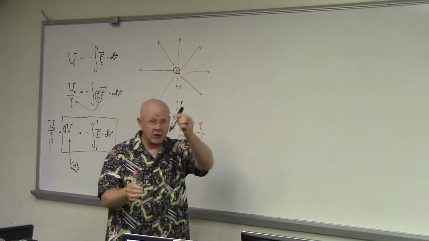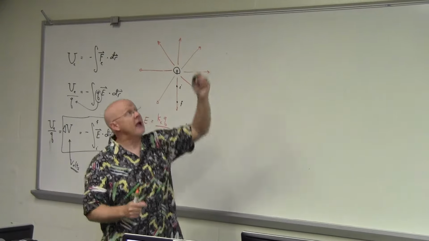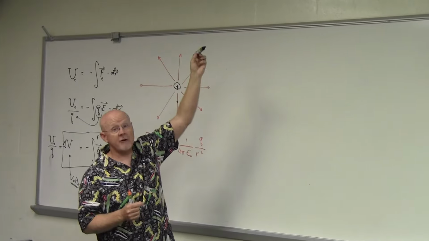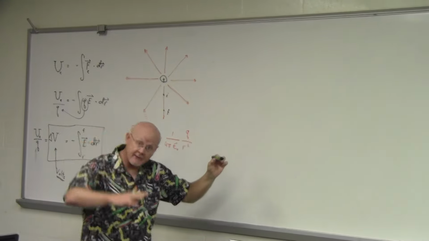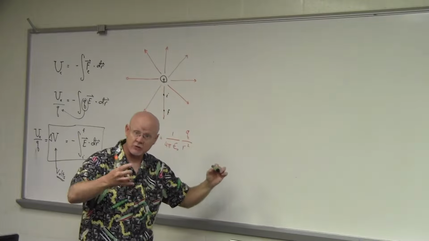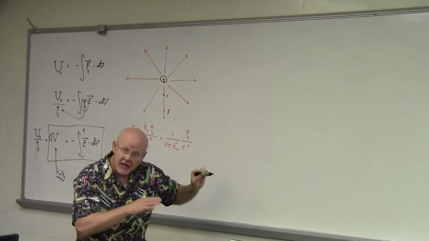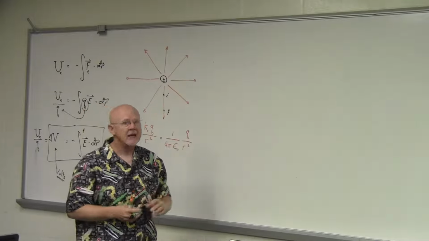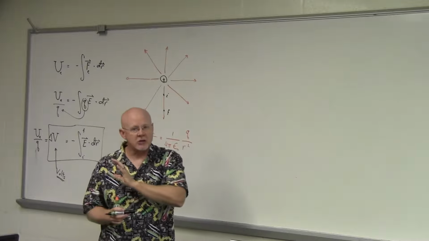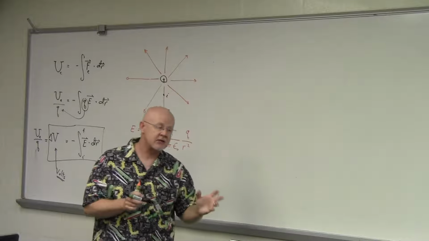If we took some object like this marker and I held it up here and I moved it from here down to here, I moved in the direction of the field, the gravitational field. This down here is at a lower potential than this up here. Exactly. And so what we did with gravitational is still the same thing we're doing here, it's just now electrical.